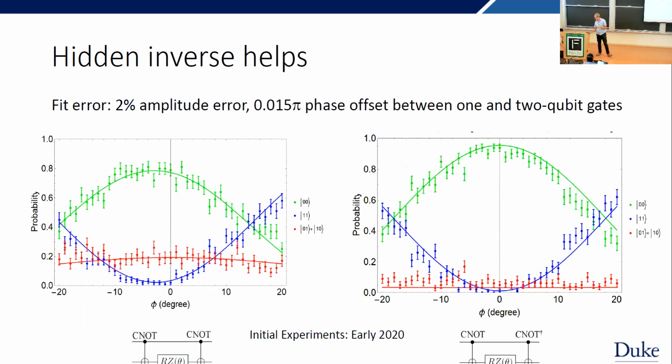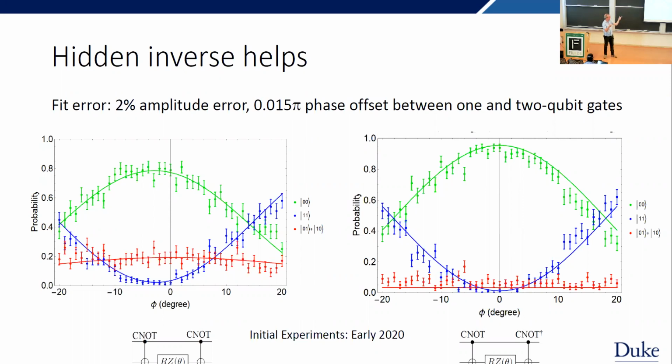And this error, this phase offset, is for my single qubit gates. Z is really well defined because it's the clock which runs my experiment. X and Y for the single qubit gate and X and Y for the 2-qubit gate may not be the same, because there's a Stark shift, and all kinds of funny reasons.